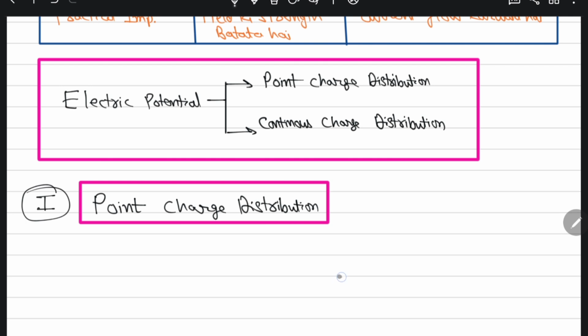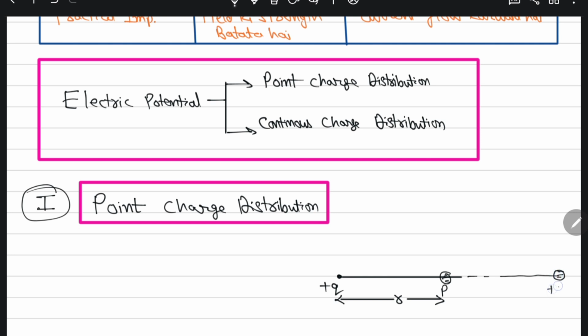So suppose this is our point charge plus Q, and I have to find the potential at point P due to this point charge.